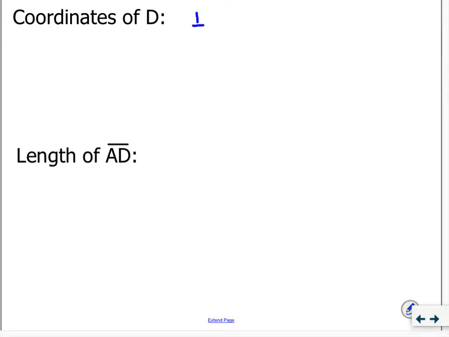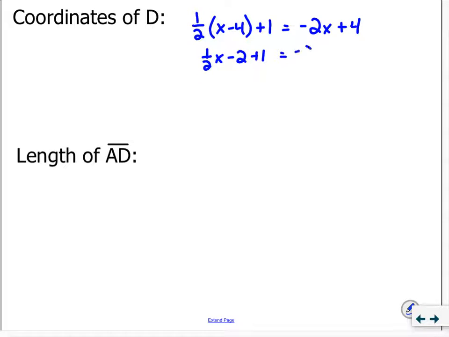So I'll take the first one, which was 1/2 times x minus 4 plus 1, and that's going to equal the equation for AD, which is -2x plus 4. Solving that for x, let's see, maybe we'll distribute. We'll get 1/2 x minus 2 plus 1 equals -2x plus 4.